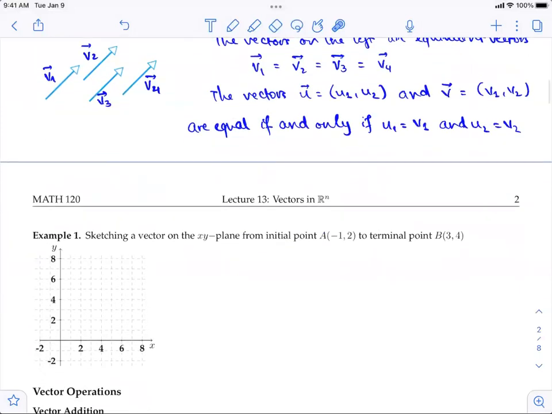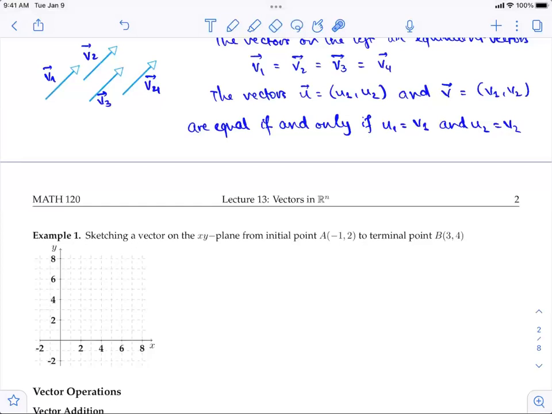Okay. To sketch a vector on the xy plane is very straightforward, just like you plot points on an xy plane. You just plot 2 points, right? So the first point is A equal to -1, 2, and the second point is B equal to 3, 4, just like you plot regular points. But the additional step is that you connect these 2 points together and draw an arrow in the particular direction.